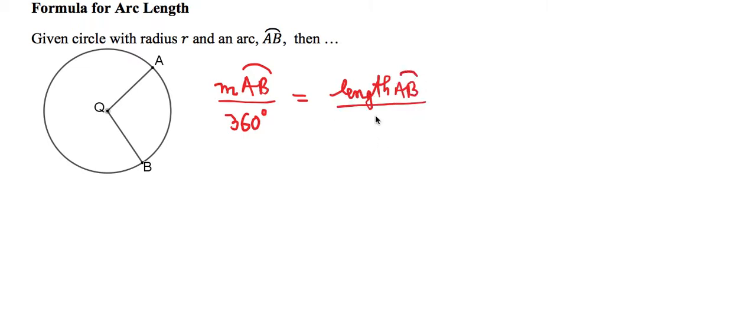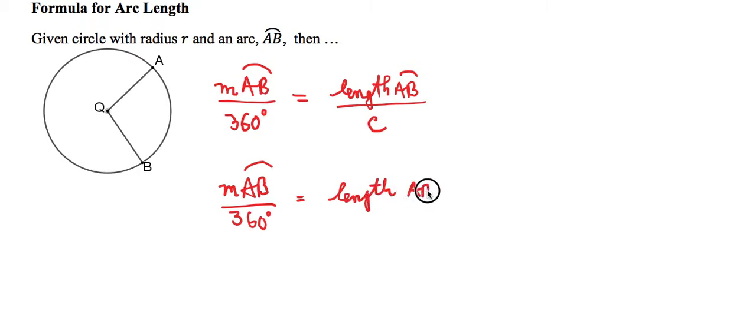over the circumference. We can take it one step further and copy the same thing on the left side: the measure of AB over 360 degrees is equal to the length of AB over the circumference, but we want to calculate the circumference in terms of r, so we can use 2 pi r.